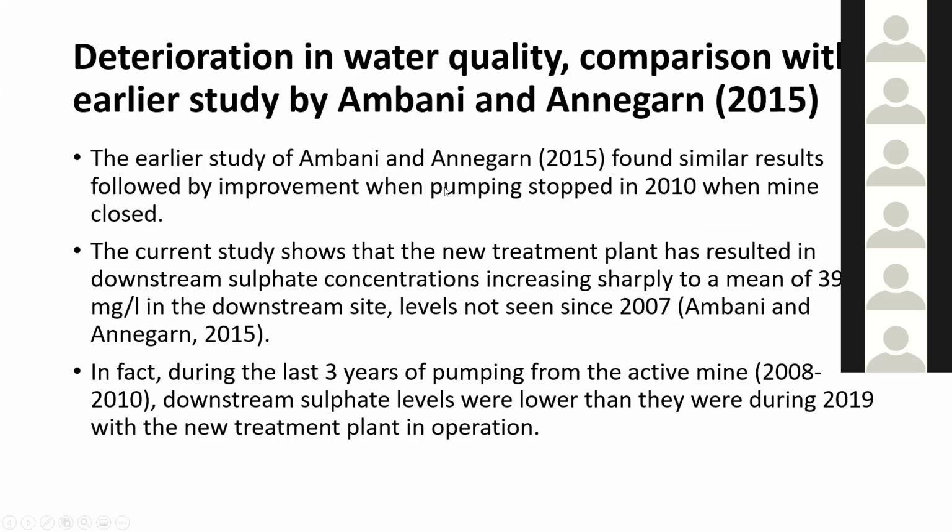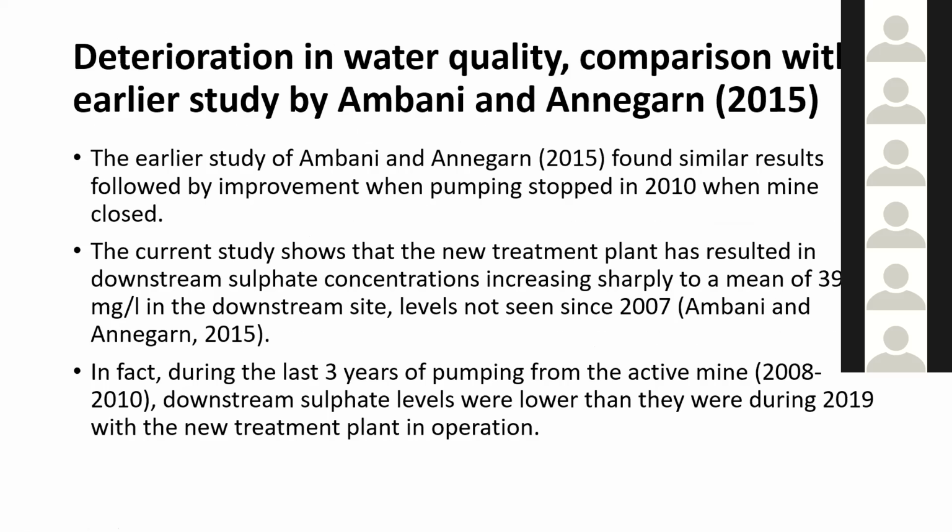So in an earlier study by Ambani and Annegarn in 2015, they found very similar results, but they found that water quality improved when the pumping stopped. And the current study shows that the new treatment plant has resulted in sulphate concentrations increasing sharply to a mean of almost 400 milligrams per liter in the downstream site, and that's a level that it hasn't seen since 2007, when mining was actually occurring.